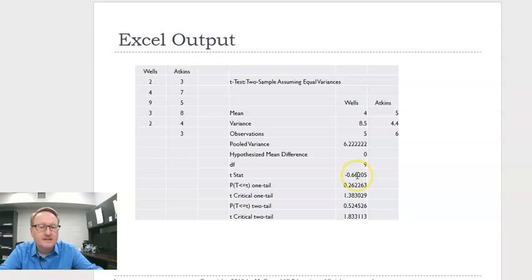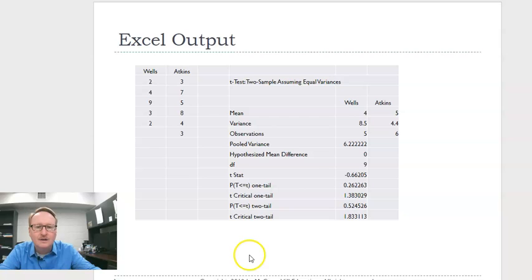That is the test statistic. Now, we've got to figure out what's our critical value. So what determines the critical value? Is it a one-tail test or a two-tail? So T critical 1, T critical 2. Well, this was a two-tailed test in this example because why?